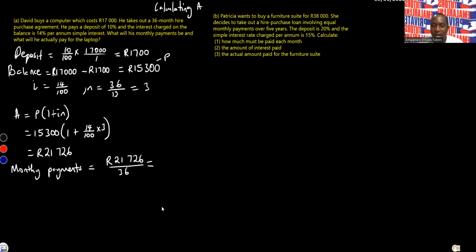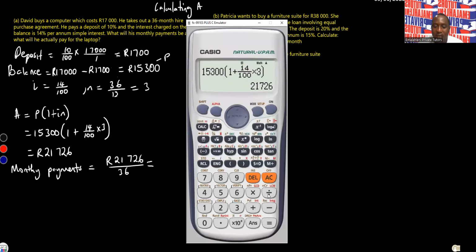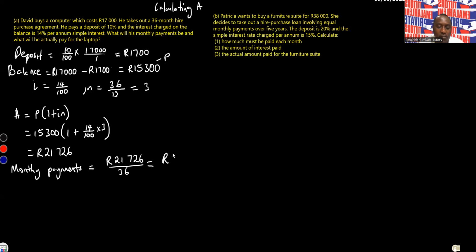So we divide this answer here by 36, because we want monthly payments. So it's going to be 603.50. That's the amount that you'll be paying on a monthly basis.